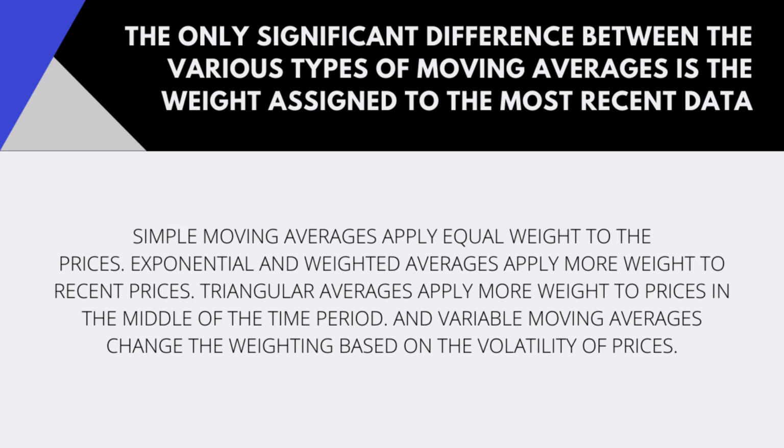Simple moving averages apply equal weight to the prices. Exponential and weighted averages apply more weight to recent prices. Triangular averages apply more weight to prices in the middle of the time period. And variable moving averages change the weighting based on the volatility of prices.